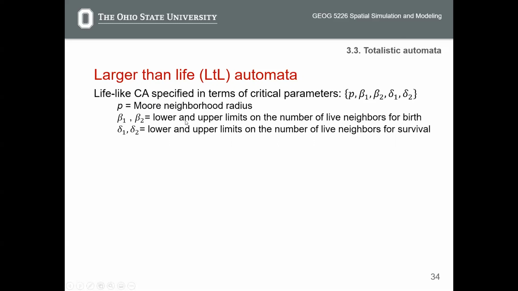Beta 1 and beta 2 are the lower and upper limits on the number of live neighbors for birth, which means that you should assign a specific number for the lower limit and another specific number for the upper limit. Within this range, if the sum of neighbors is within this range and the cell itself is now dead, then it will be alive after the next tick.